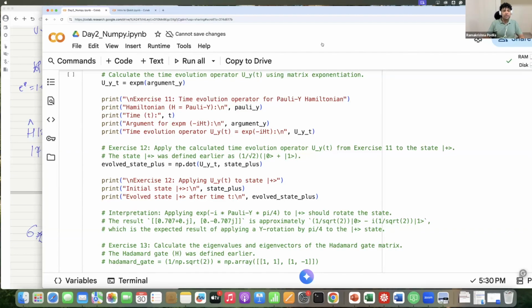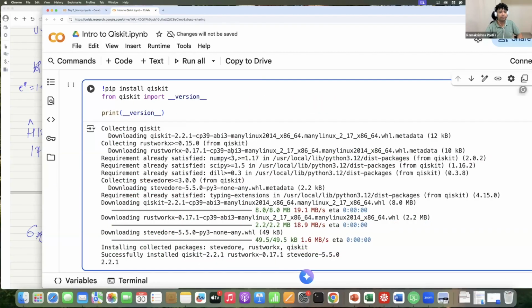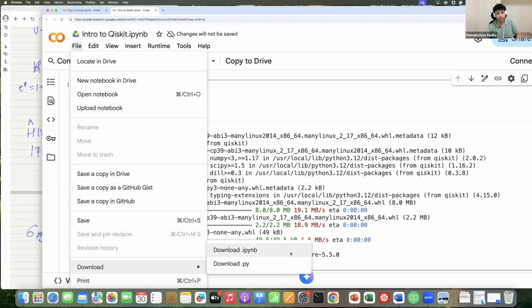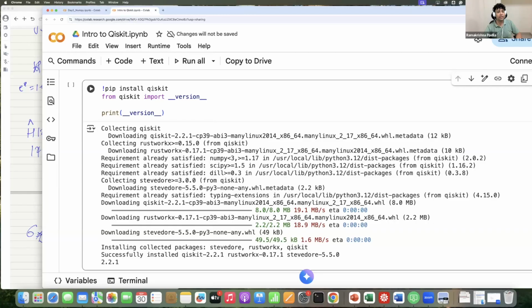So Qiskit is a package just like NumPy. Let's go back to Chrome. Okay, so you have both of these links up there. In Google Colab, if you want to do this on your local machine, you can download the notebook as either a notebook or a Python file, however you want, and run it on your local machine. So you can install Qiskit.